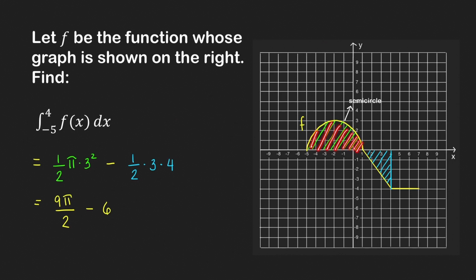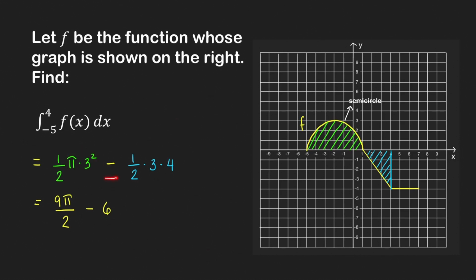So how do we find the area of this semicircle here? This is just a circle of radius 3. So the area of the semicircle is just 1/2 of the area of a circle with radius 3, which is pi times r squared. So r is equal to 3.